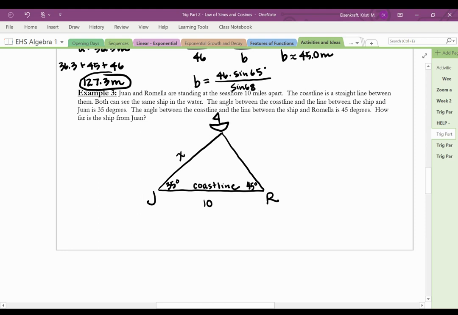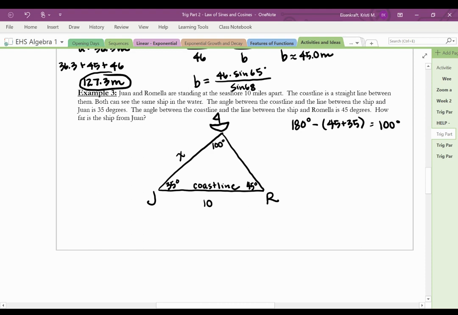So right now it doesn't look like we can use law of sines because we don't have an angle and an opposite side. But if you remember the triangle sum theorem, if you know 2 out of any 3 angles in a triangle, you can easily find the third because there's always 180 degrees in any triangle. So I'll subtract what I have, which is 80 degrees. That leaves me with 100 degrees left.